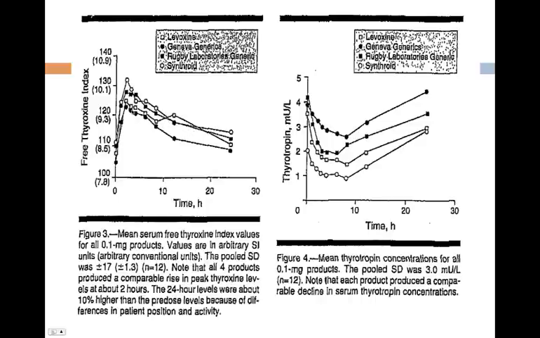Geneva and Rugby are the closed circles and squares, and then the open squares is Levoxin. So here you can see them all. They probably have similar half-lives, and the area under the curves, depending on how you look at it, could be very similar too. This is the thyrotropin post-drug too, and here again the Synthroid is here. All the other products are here.